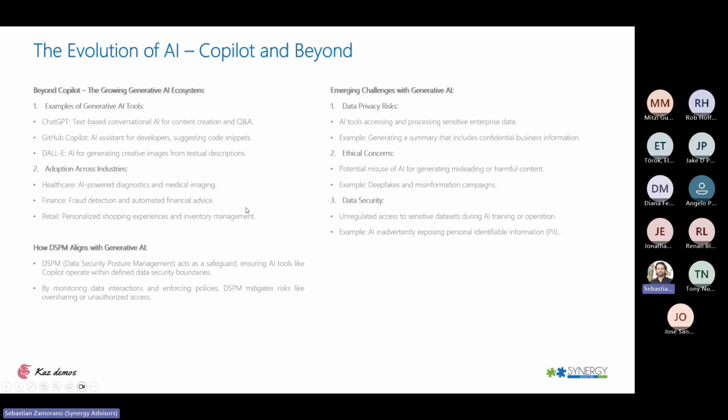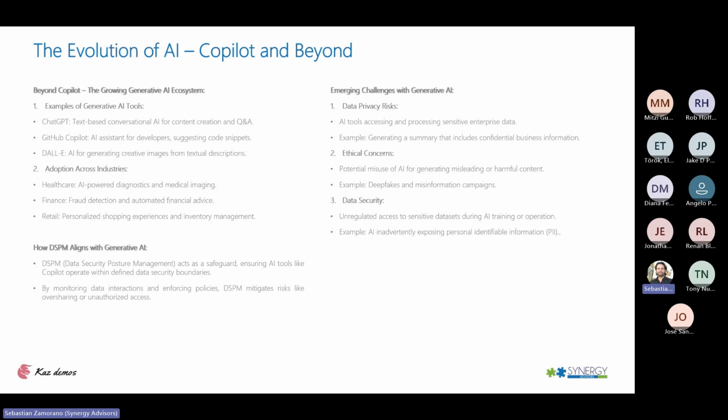Some samples: maybe you were using ChatGPT or Copilot or DALL-E. Today we can find several different AIs to create images, to help us find information, to generate text. We have Copilot on Microsoft 365.